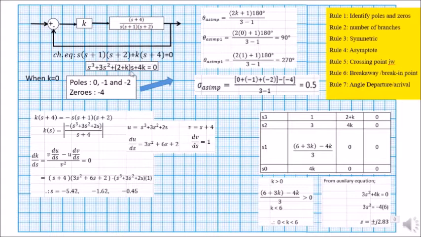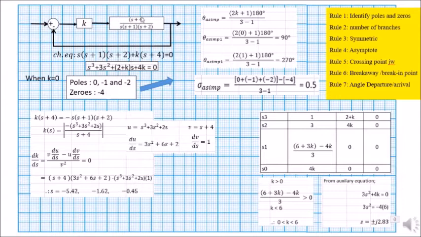Based on this characteristic equation, first we have to find the location of the poles when K is equal to 0. So when K is equal to 0, the poles are located at s equal to 0, and from s plus 1 equal to 0, s equal to negative 1, and another pole is s equal to negative 2.